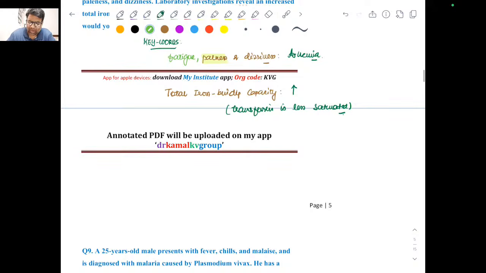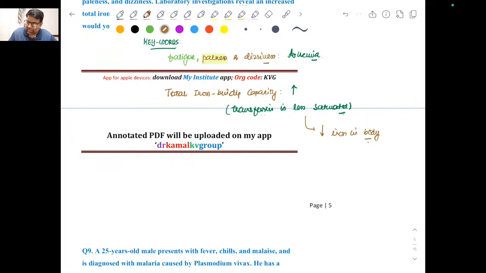Transferrin is less saturated, and transferrin is the transport protein for iron. So it means iron is less in the body. That's why the transferrin is less saturated, and therefore the total iron binding capacity is increased.